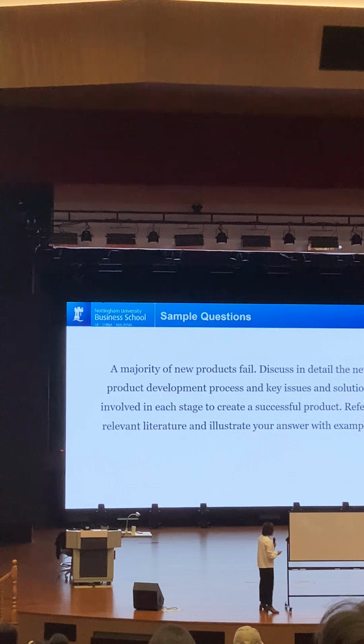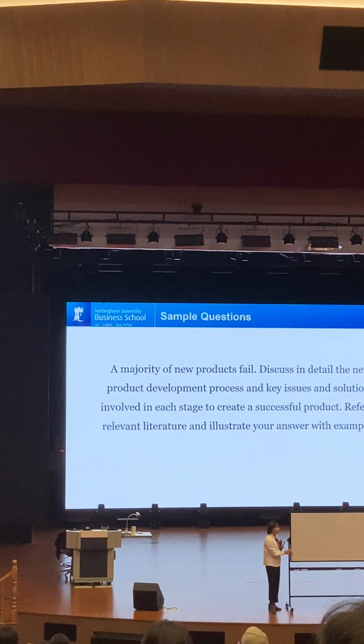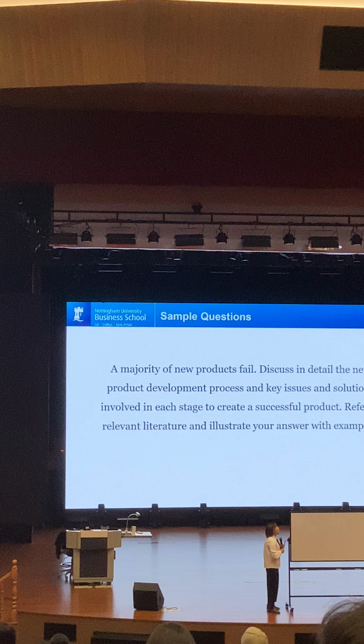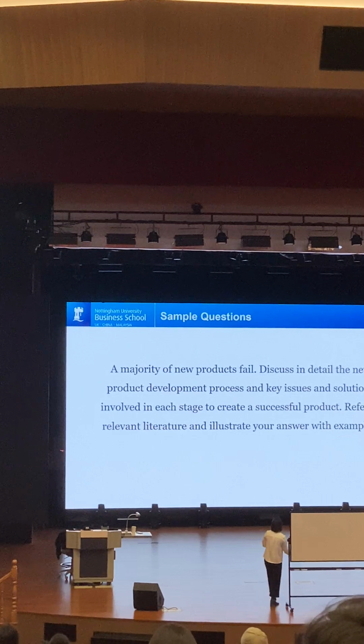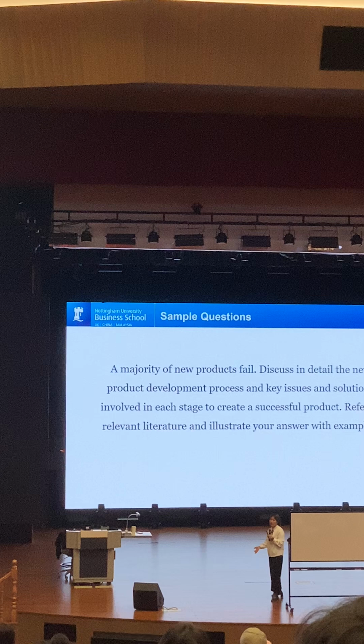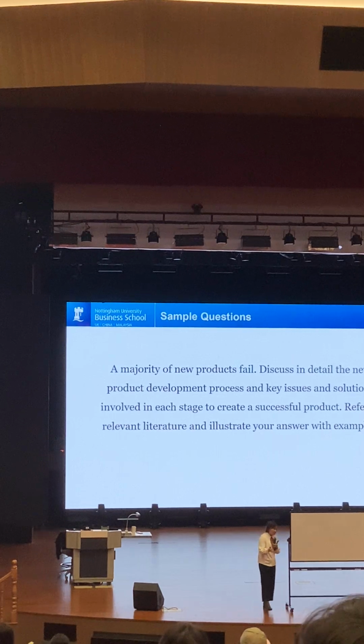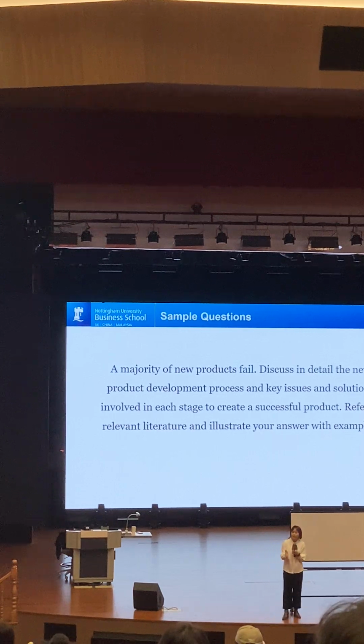For example, the question is about the new product development process, why new products fail and how to succeed. When you look at the past exam papers, you can find a pattern. Usually, it requires you to refer to the relevant literature and illustrate your answer with examples. All the questions, I would say, need illustration with examples.